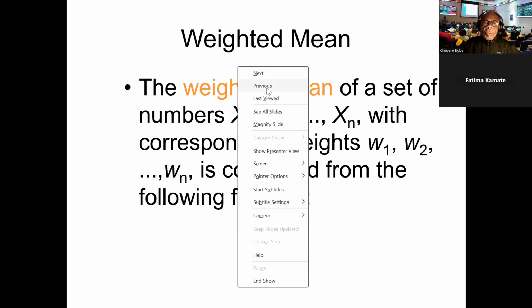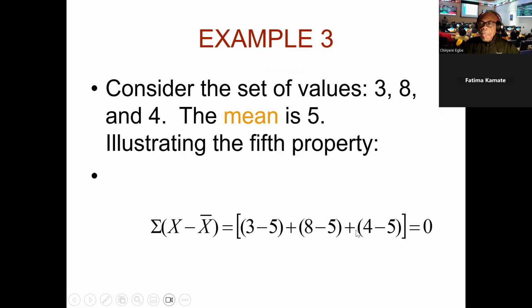What they're trying to say here, you see here, they talk about the property of the mean. If you sum the differences between the mean and each value, for example, you have values here of 3, 8, and 4, and the mean is 5.